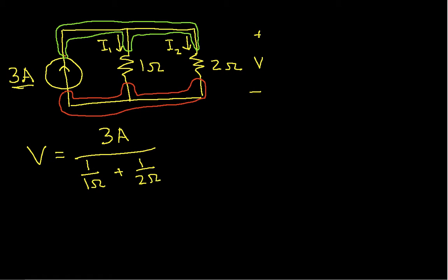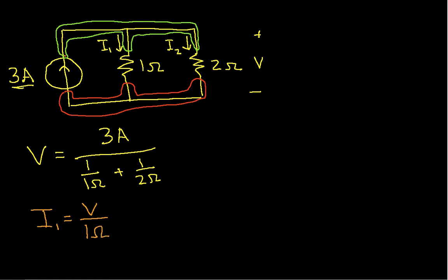Now, we also can write the currents that we're interested in terms of V. I1 is the voltage across the resistor, V, which we've just solved for, over 1 ohm.